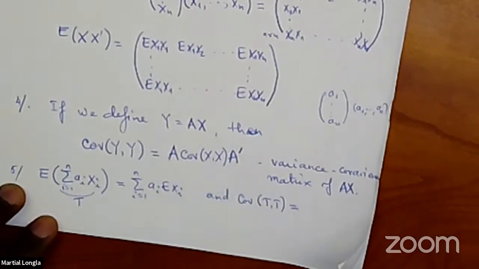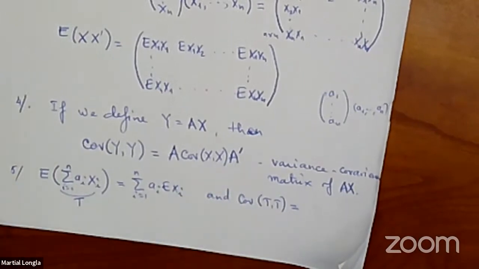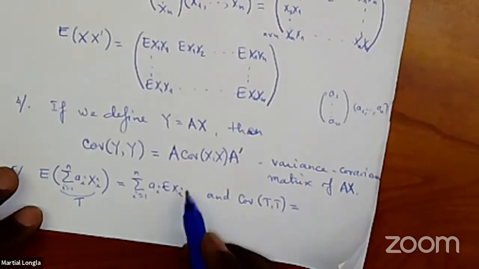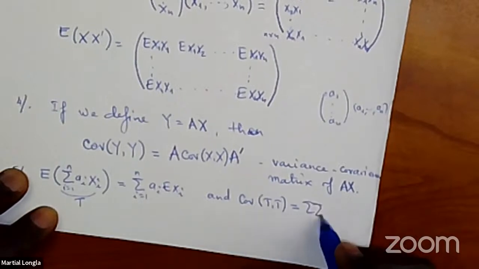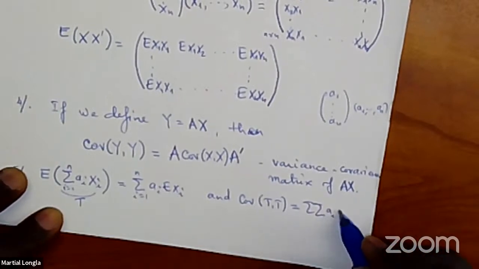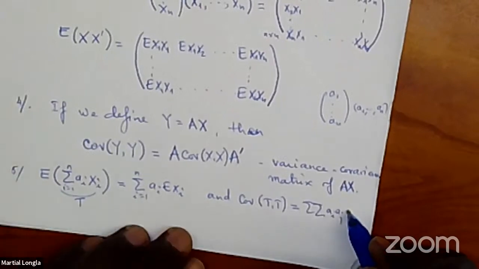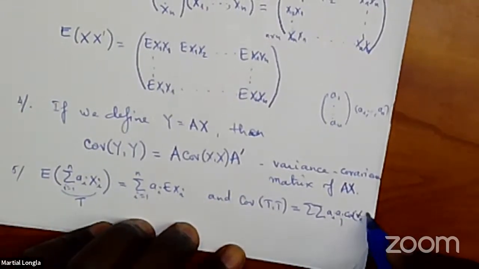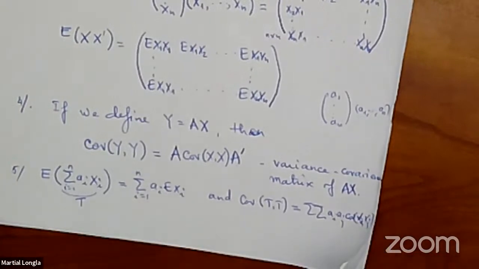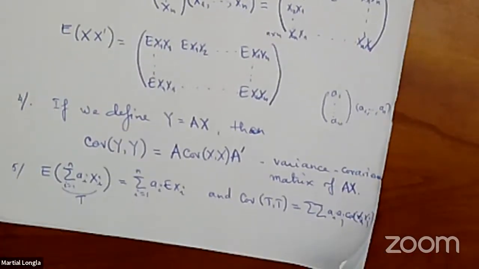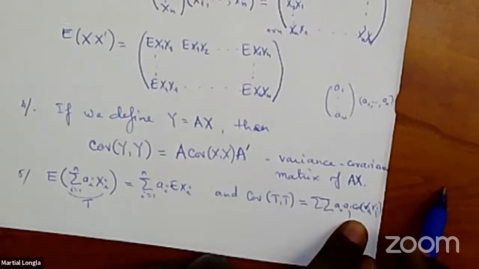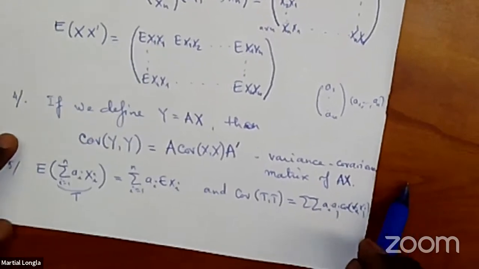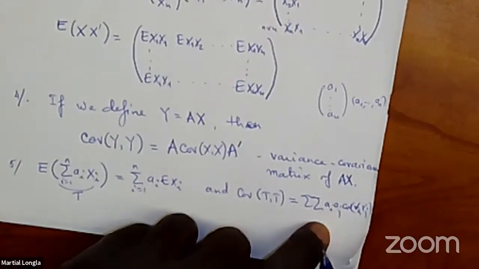When you put that around this matrix, what you get is a quadratic form, right? So you just use the formula of a quadratic form to say that this is actually just a double sum of a_i a_j times the covariance of x_i, x_j, and the sum is over all i and j. That's why it's a double sum.